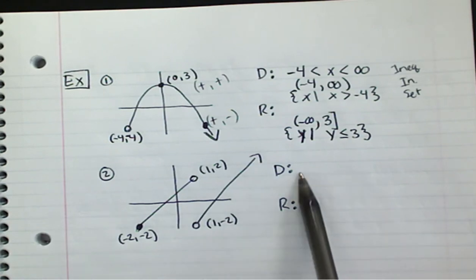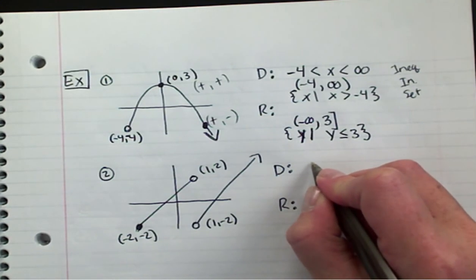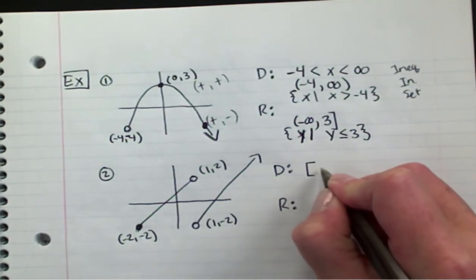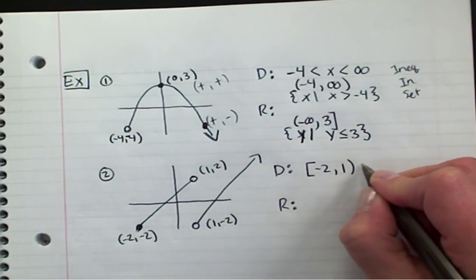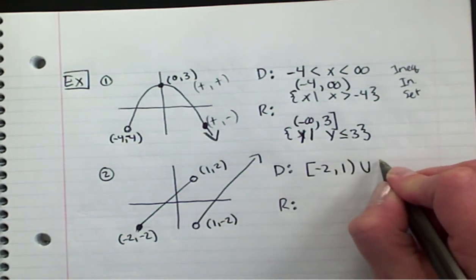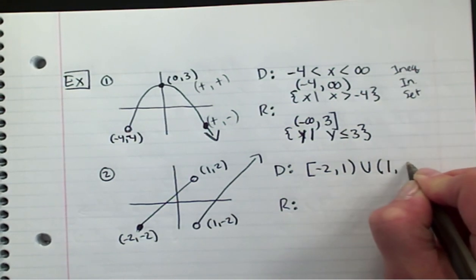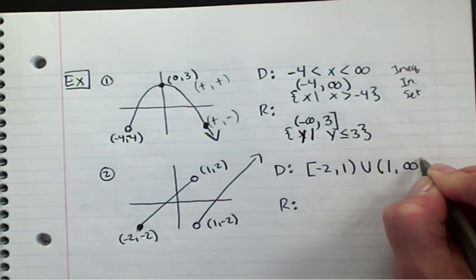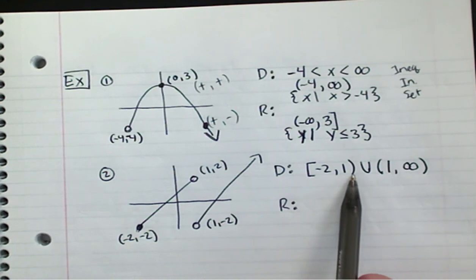So anyone want to try to give me interval notation for the domain? Sure, give me one. Square bracket, negative 2 comma 1, parentheses, union, open parentheses, 1 comma infinity, close parentheses. Yes. You can call the bracket a hard bracket, and you can call this one a soft one.